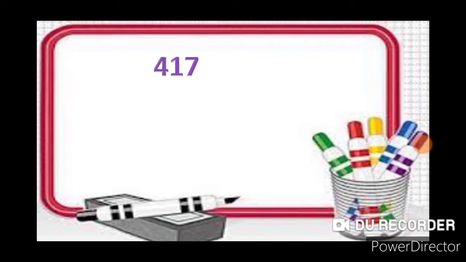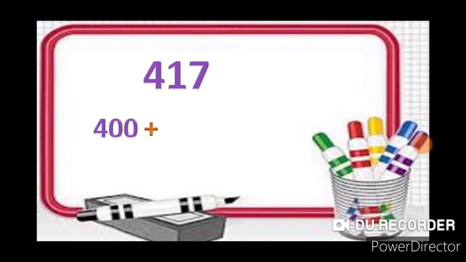In this number, 4 is in the hundreds place, so it is going to be 400. 1 is in the tens place, so it is going to be 10, and 7 is in the ones place, so it becomes 7 only. So the expanded form of 417 is 400 plus 10 plus 7.